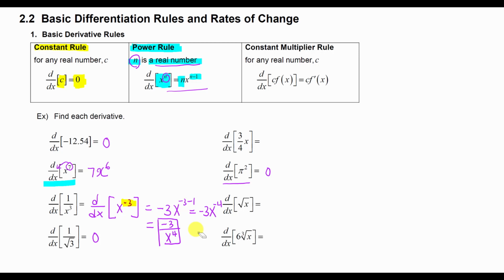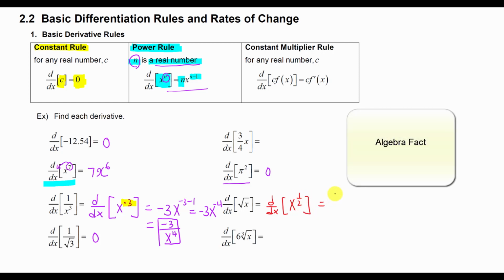I also see, right next to it, a derivative of the square root of x. And every radical can be changed to a rational exponent. So let's change this to an exponent. What is the square root of x when you change it to a rational exponent? It is x to the 1/2 power.